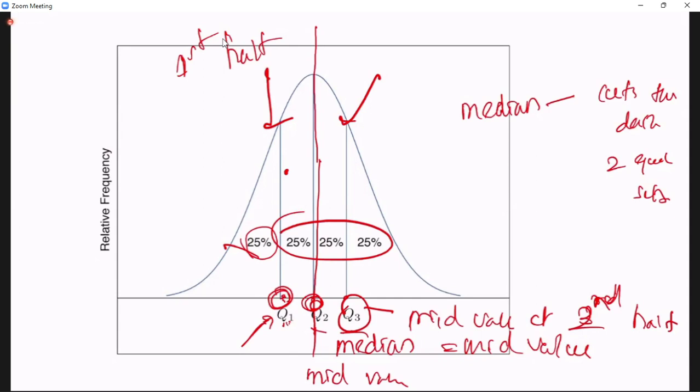Understand? By all three measures: first quartile, second quartile, and third quartile. So here we have 25%, 25%, 25%, 25%. Q2 is the median value of the data set. Q1 is the median value of the first half. Q3 is the median value of the second half.